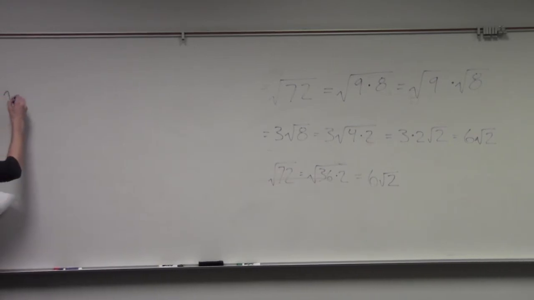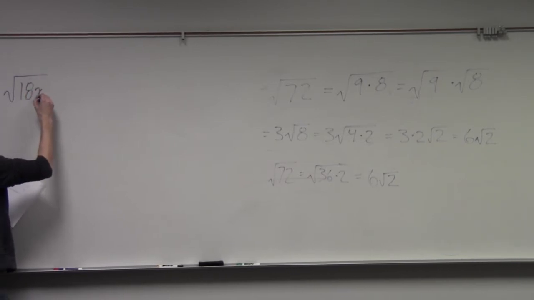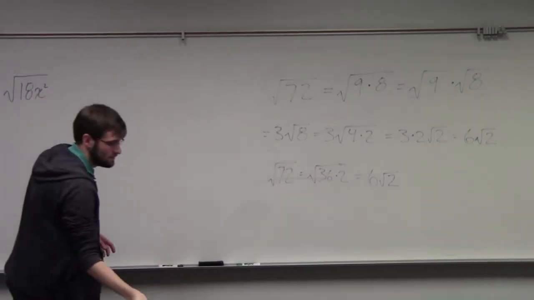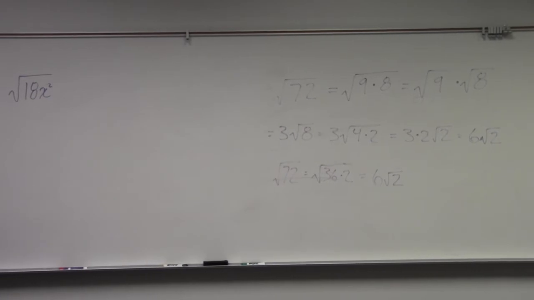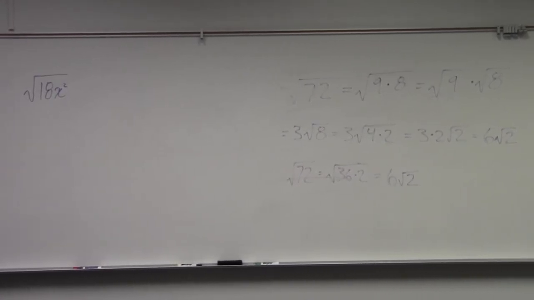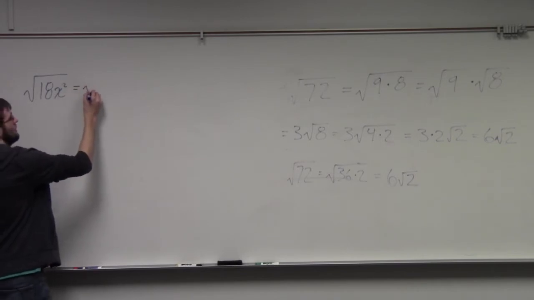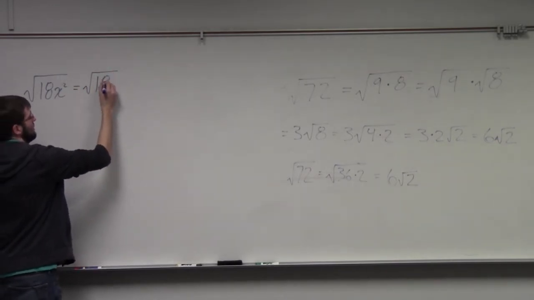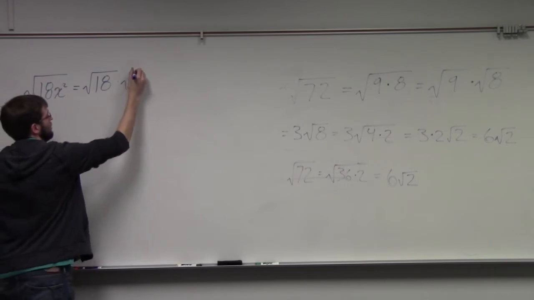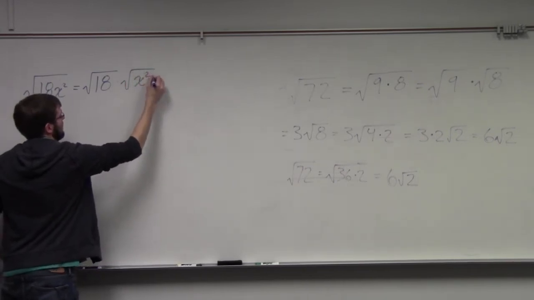All right. Next, I have the square root of 18x squared. So now I'm introducing variables into the radicals. What I like to do when I have these is just separate them: separate the numbers and separate the variables. I have the square root of 18 times the square root of x squared.